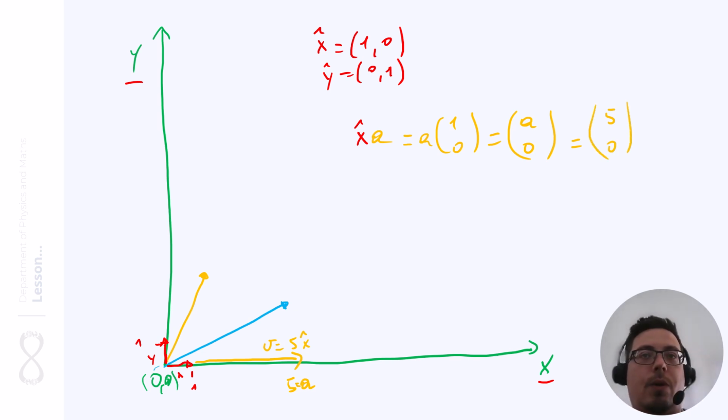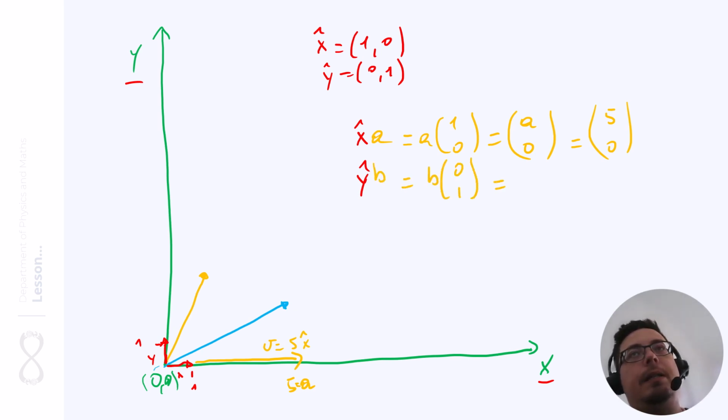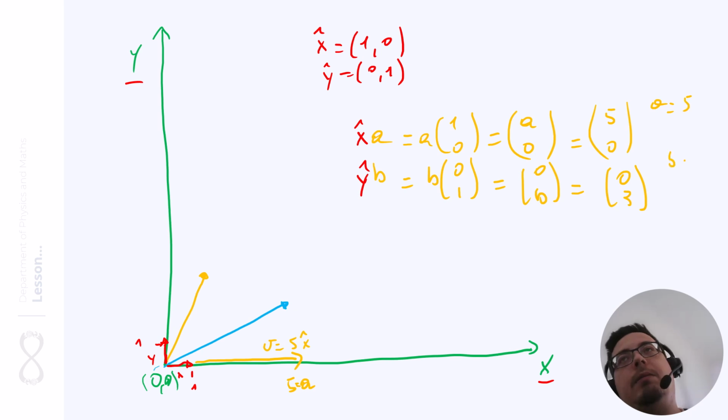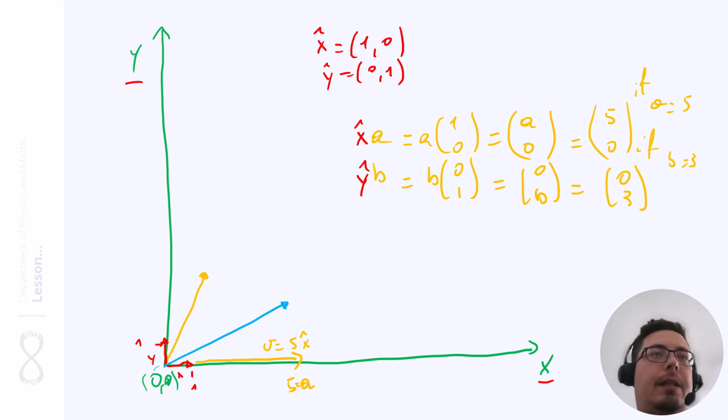You can do the same with y: B times (0, 1) is (0, B). For example, B is equal to 3, with A equal to 5 and B equal to 3. The vector is multiplied by 3, and this is your vector V2, 3y. So we can definitely stretch the vectors X and Y to make them longer.